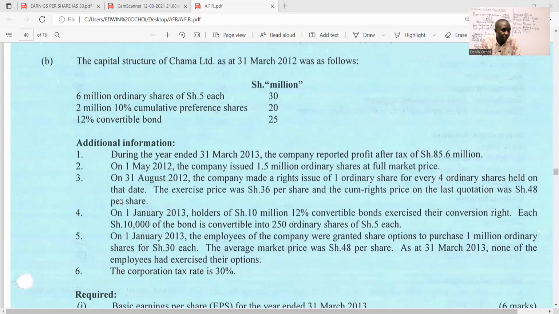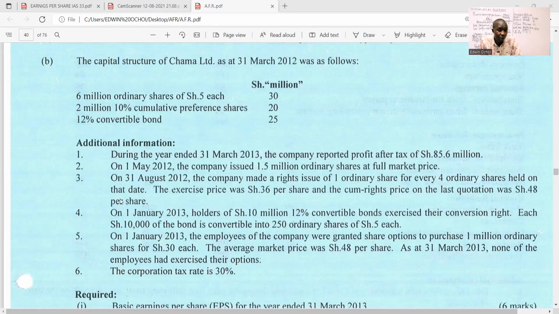They can only be used in computation of basic earnings per share if they are specifically converted. Here, there's no assumption that they are going to be converted. For us to incorporate convertible securities, they have to be specific that they were converted to ordinary shares. Like now, in this scenario, they were very specific.